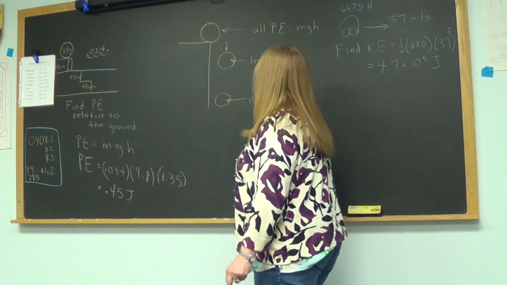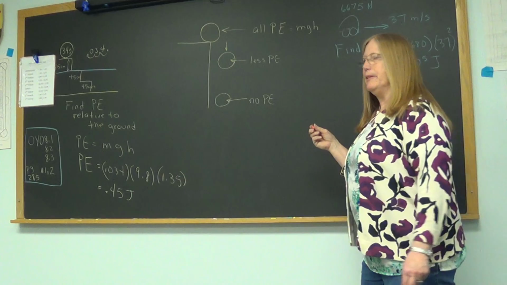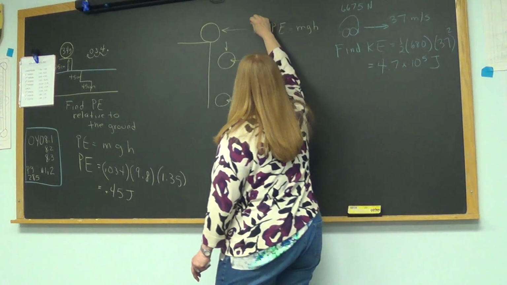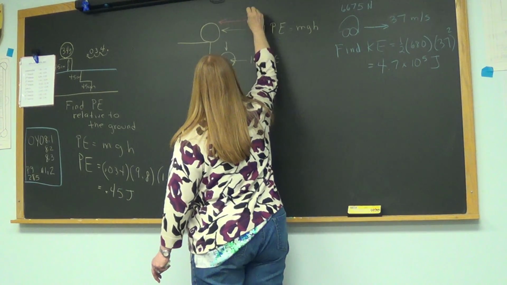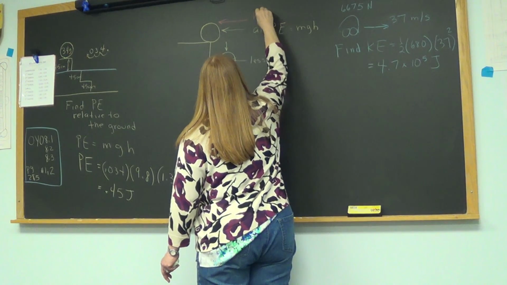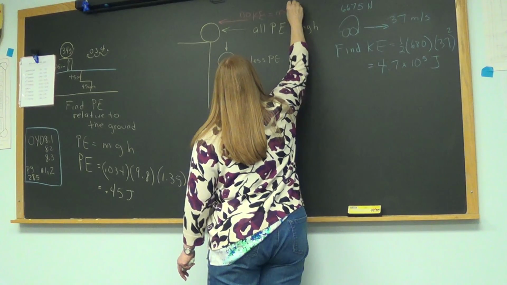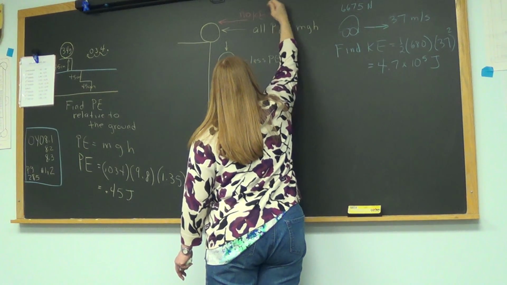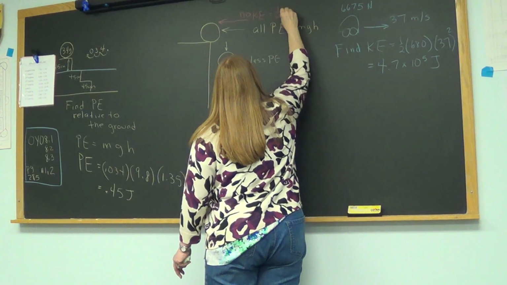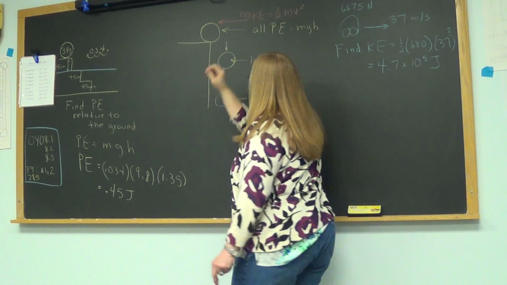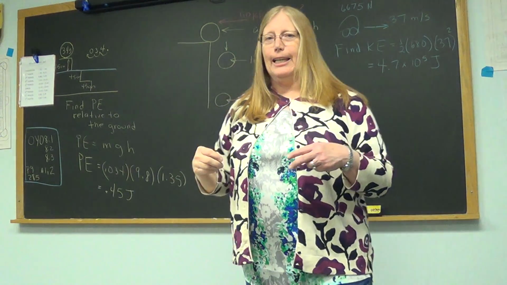In a different color, I'm going to trace what happens to KE. At the top, when it's still, there's no motion, so no KE, because it's 1/2 mv squared. So there's no v at the top, it's still. So there's no KE, it's all PE.